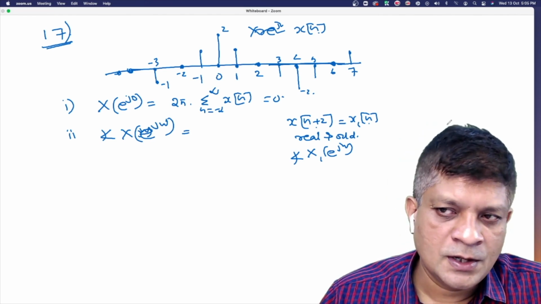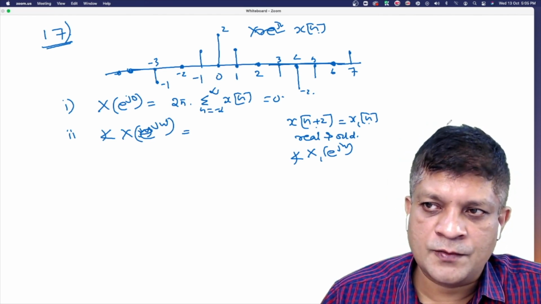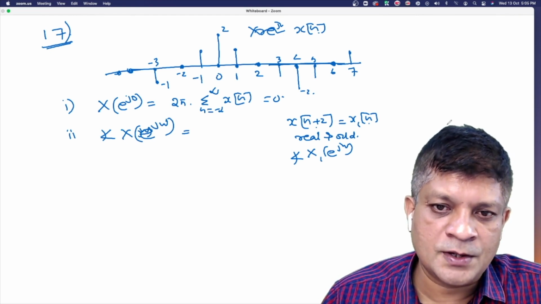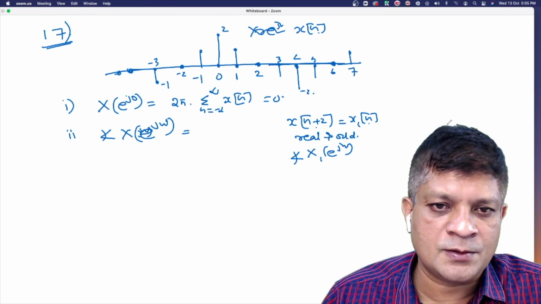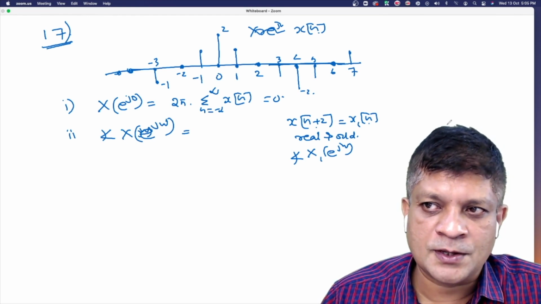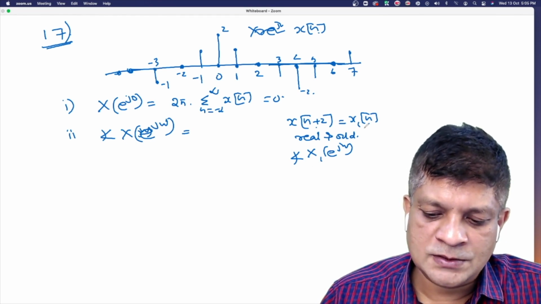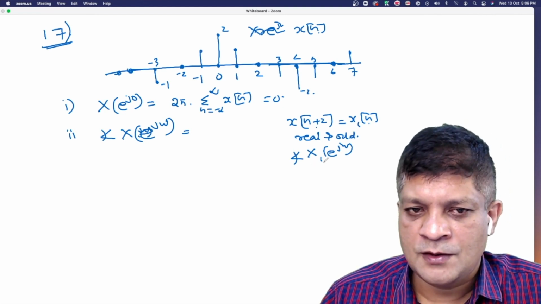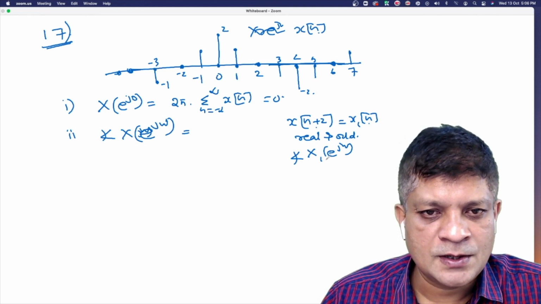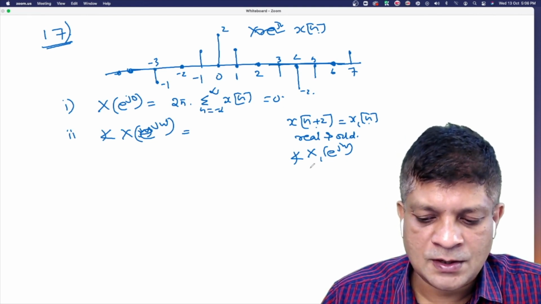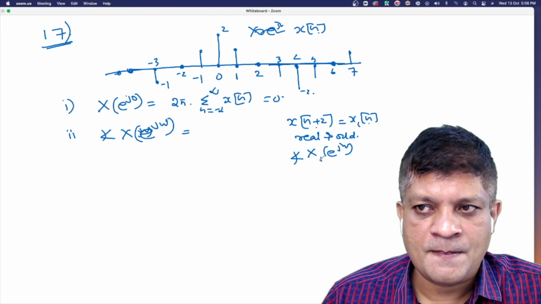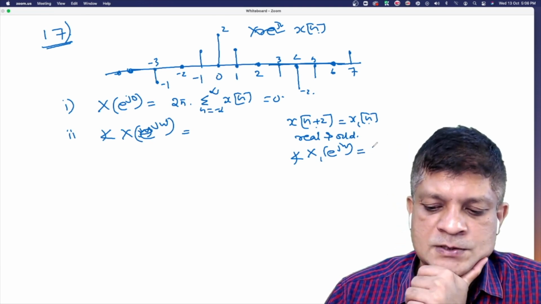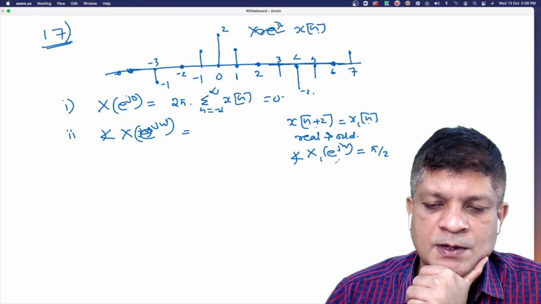If it is real and odd, the Fourier transform is purely imaginary and odd. That is the property. If it is purely imaginary, then what is the phase angle? Pi by 2. It is pi by 2.